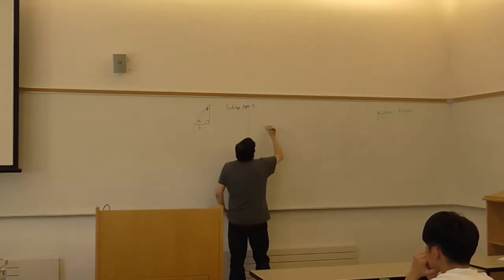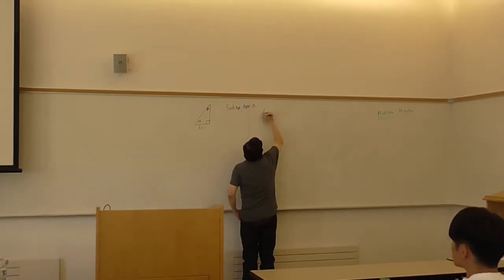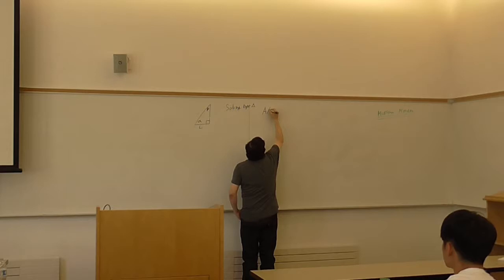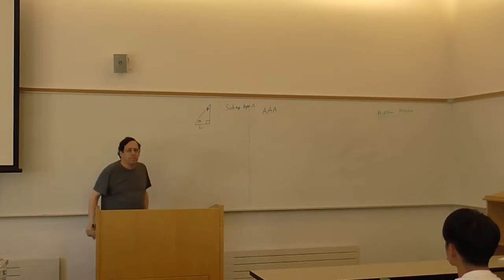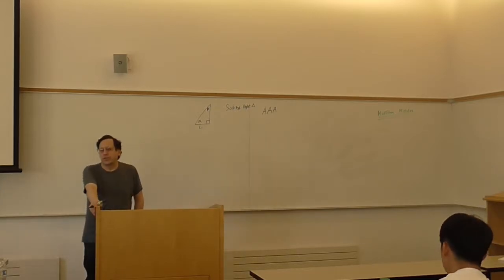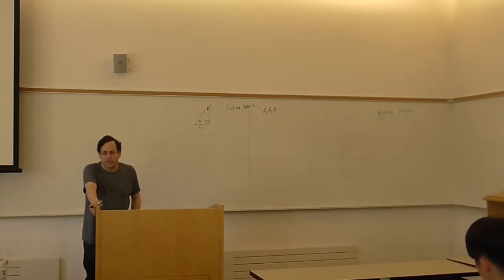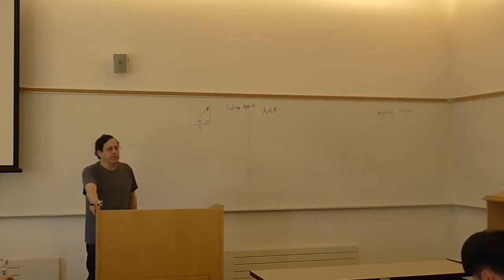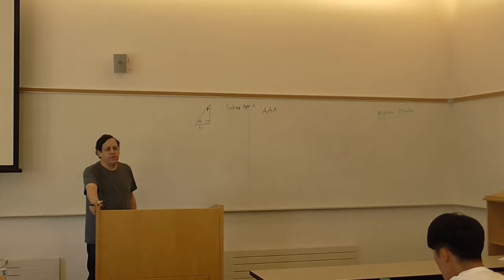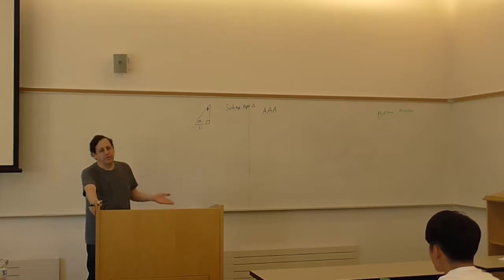There's a theorem in geometry, a triangle theorem, called the AAA theorem, angle, angle, angle. But it's not a congruence theorem. It doesn't describe 2 triangles being congruent. Instead, it describes 2 triangles being something else.